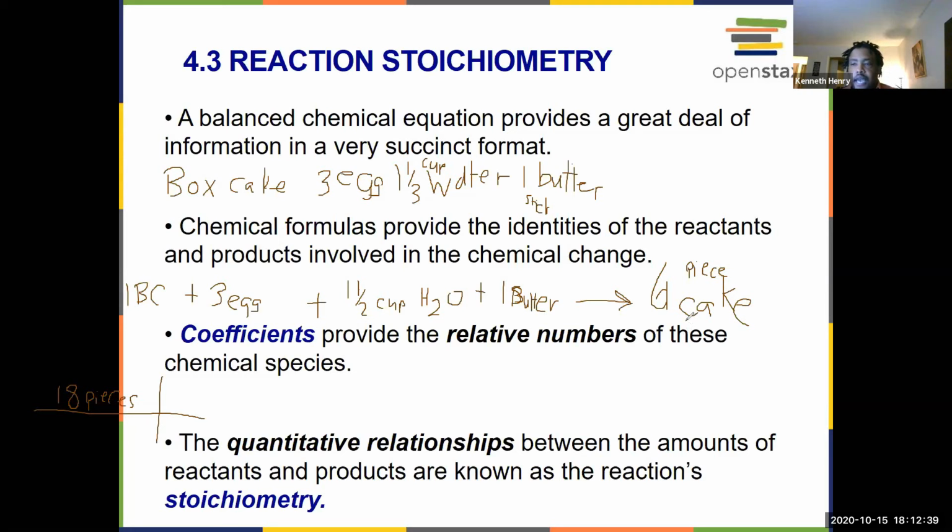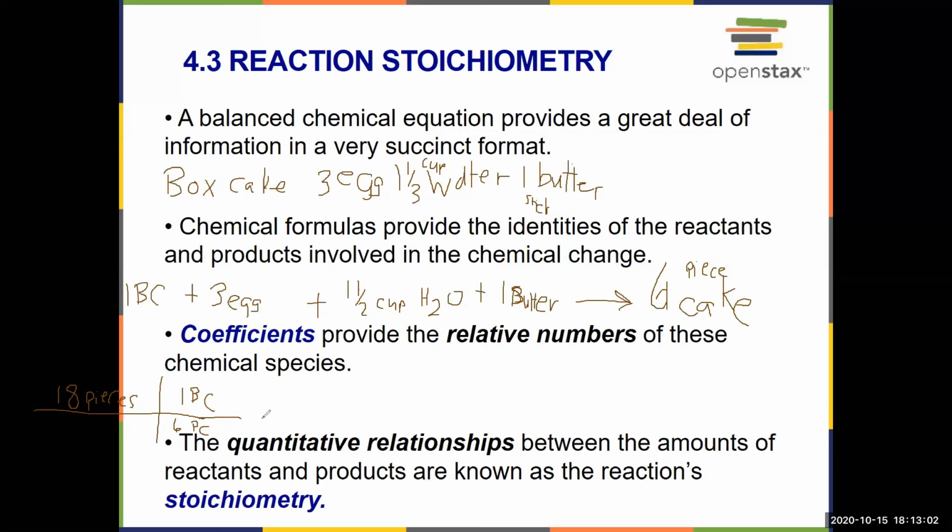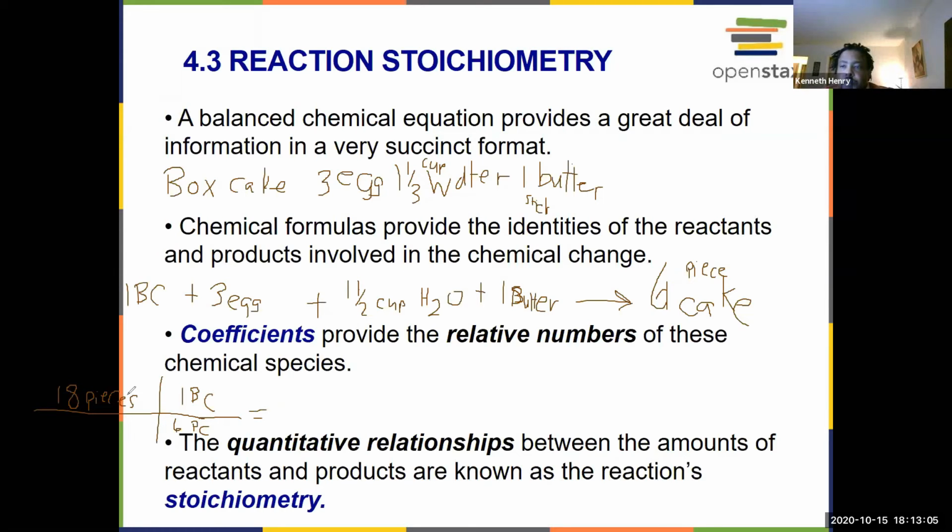According to my equation, how many pieces of cake do I get out of this equation? 6. We're going to use PC for pieces of cake. I'm lazy. So then how many box cakes will give me 6? 1. So I'm going to need how many box cakes? 3. I'm going to need 3, right?